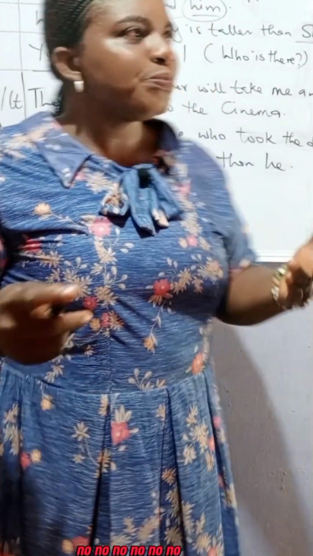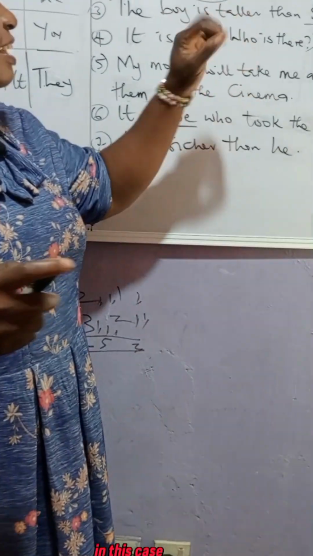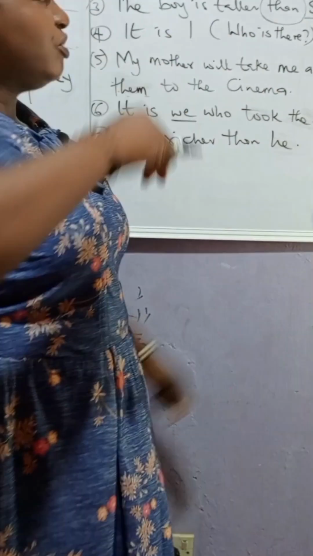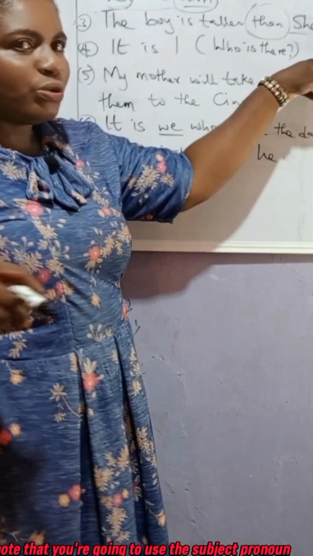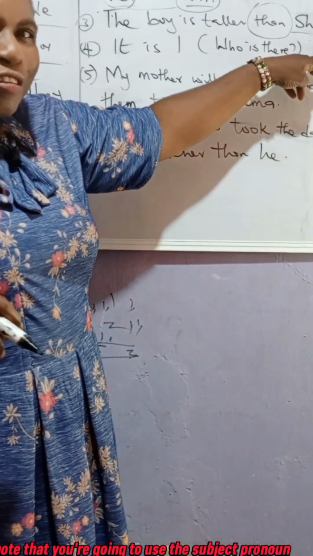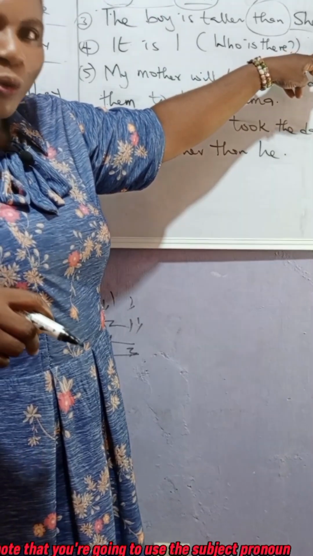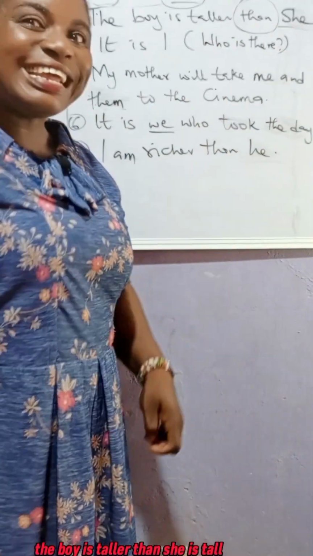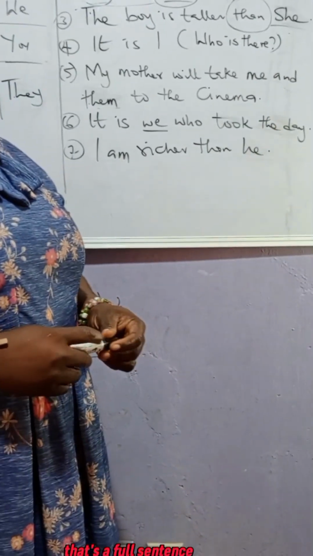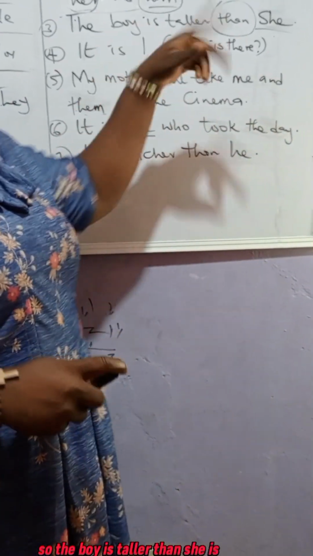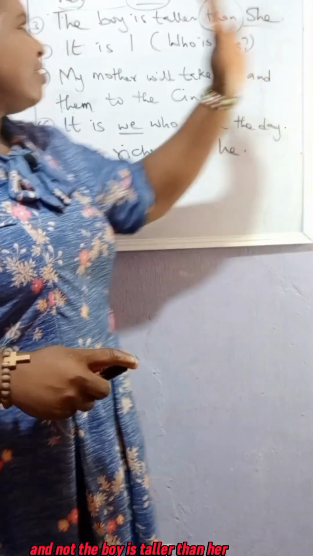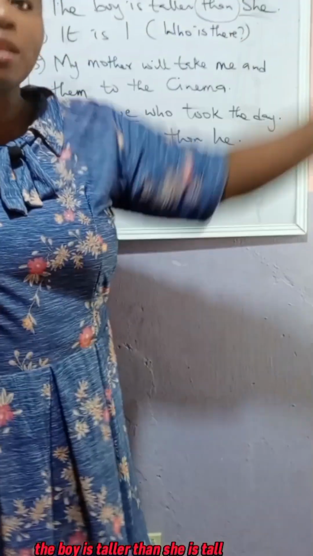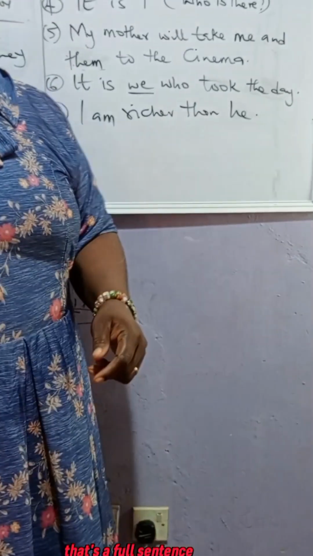No, no, no. In this case, whenever you use this "than," just note that you're going to use the subject pronoun. So you have the boy is taller than she is tall. That's the full sentence. So the boy is taller than she is, and not the boy is taller than her. That's a full sentence, okay?